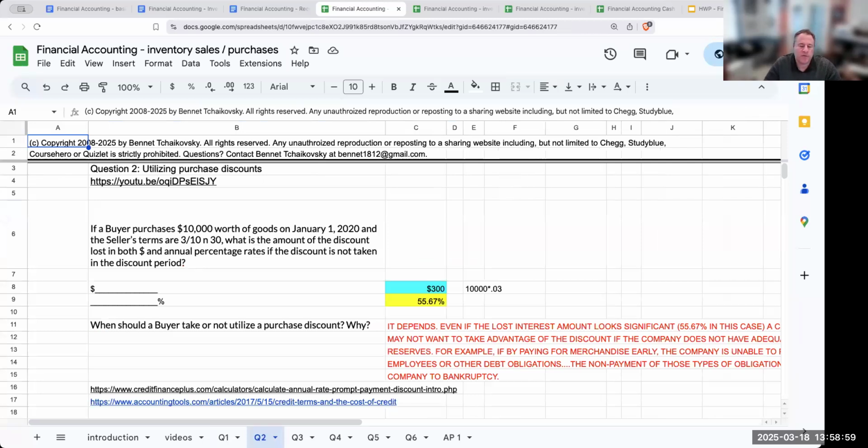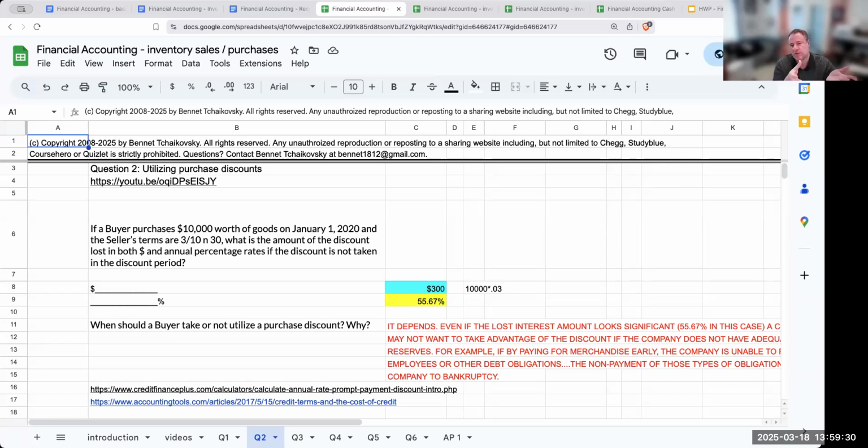One of the other concepts, which I would only test for extra credit, is that a lot of times you'll see, well, what happens if we don't take a purchase discount? How much do we lose? Well, the challenge with that is that from a cash flow perspective, you have to remember that when you purchase inventory, you are going to go out of pocket cash.